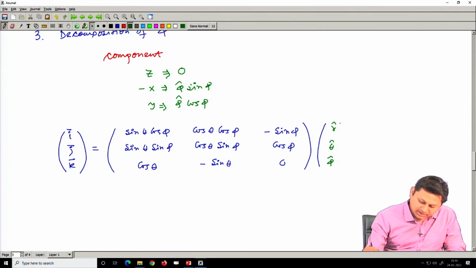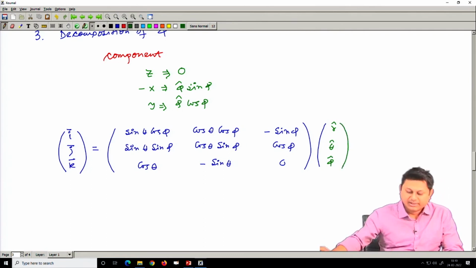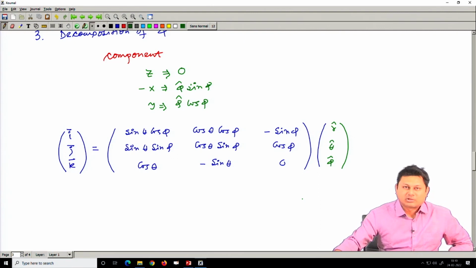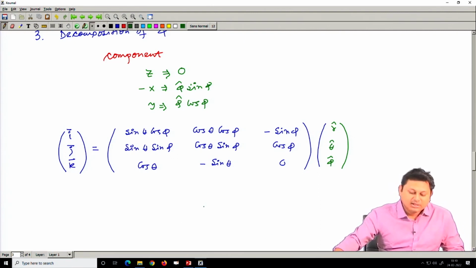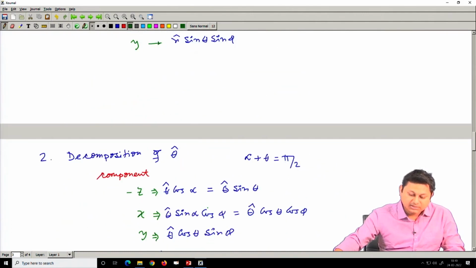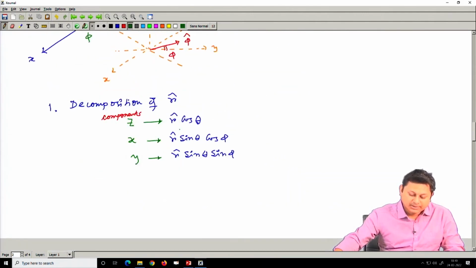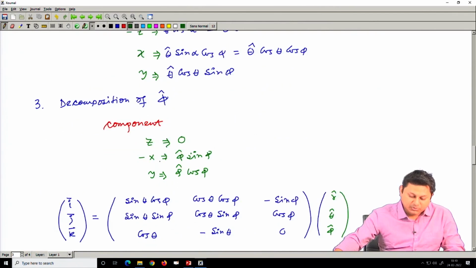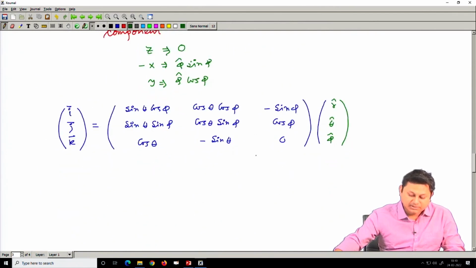In the books you will only get this matrix form, but how it came is normally not given. That is why I thought I should do all these things explicitly, so that you can have an idea how the unit vectors transform from one coordinate system to another. Check by yourself how these components are decomposed, and from that I can prepare the matrix.